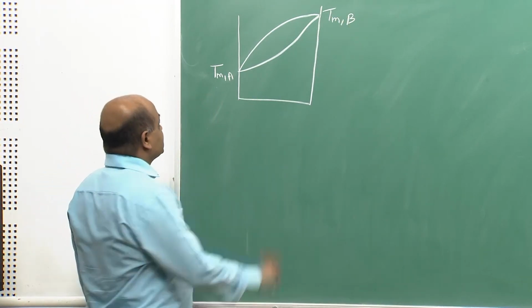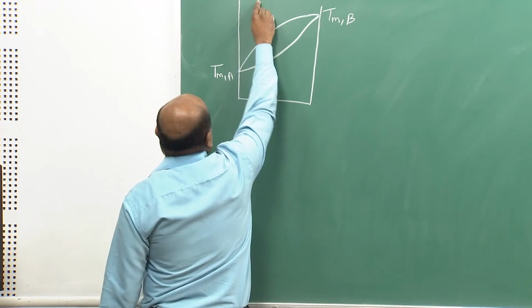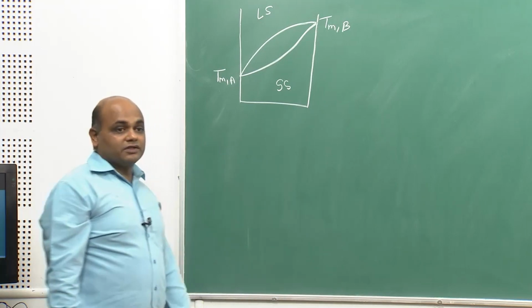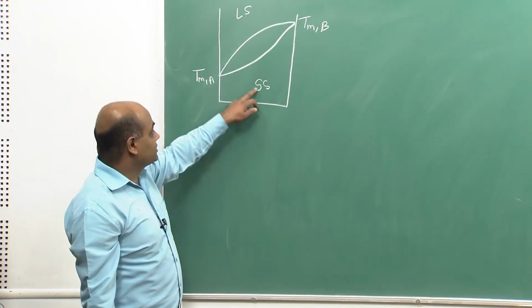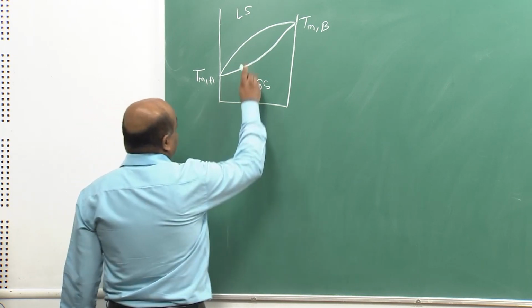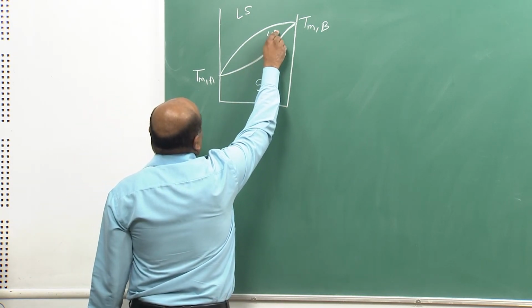So, in isomorphous system there is complete miscibility in the liquid solution as well as complete miscibility in the solid state. So, there is a complete liquid solution, complete solid solution, and there is a two phase region in between, liquid plus solid.